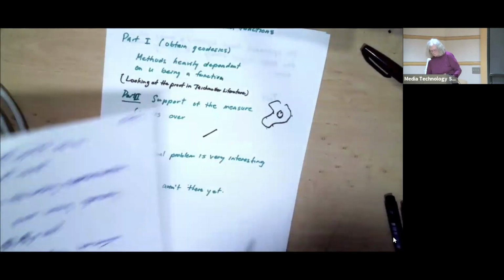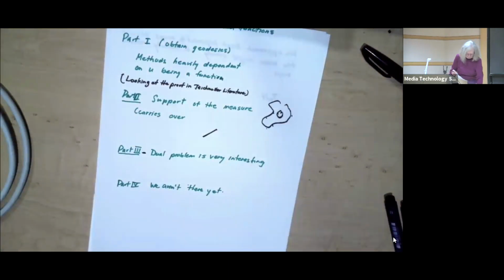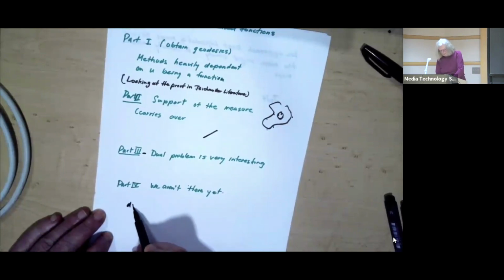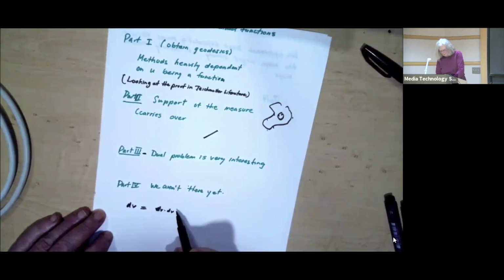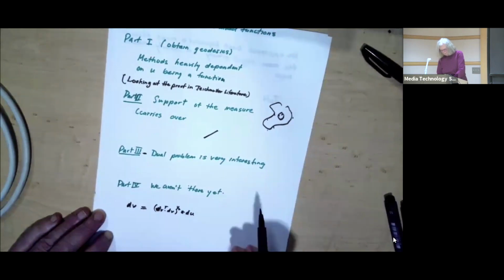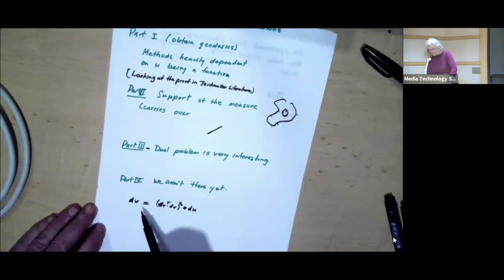Let's see. I thought I had it. I lost it now. No, you will get a V in the limit that's of bounded variation. See, let me write out the formula: dV is actually equal to the star dU. I suppose I have to put a half in here. And you do get a closed form.